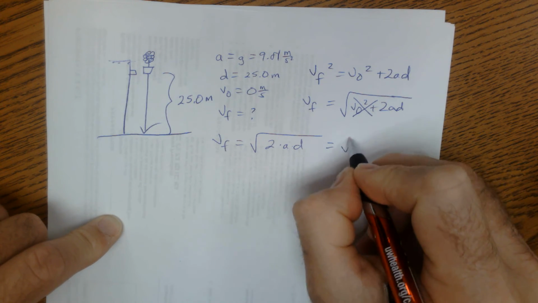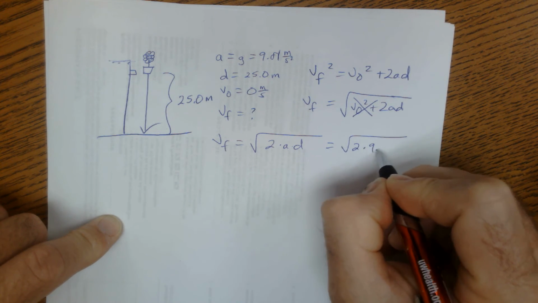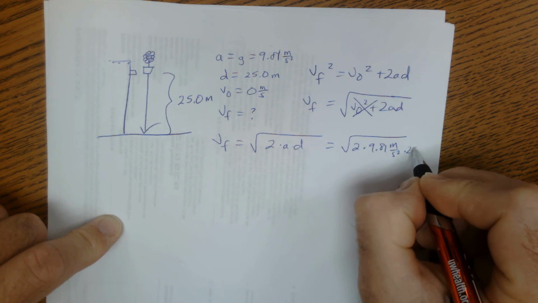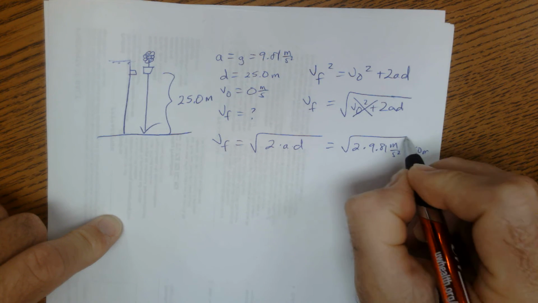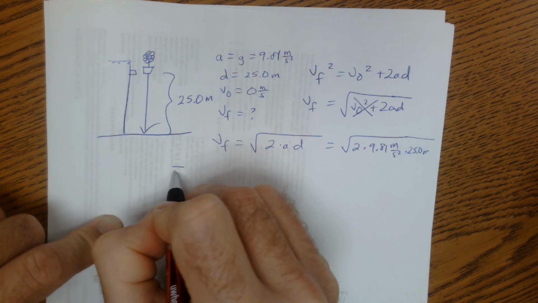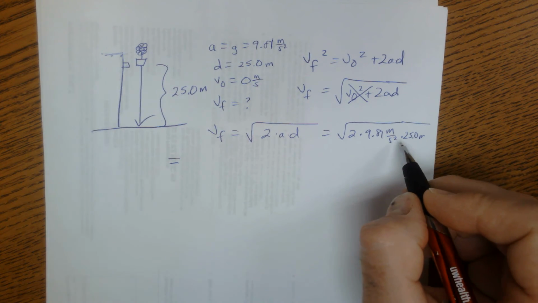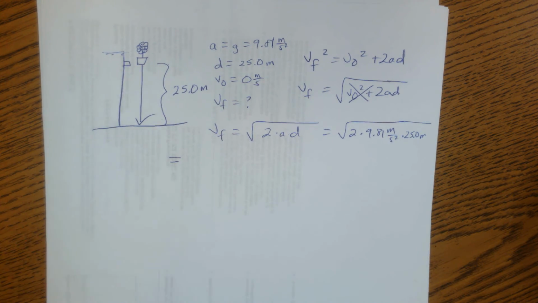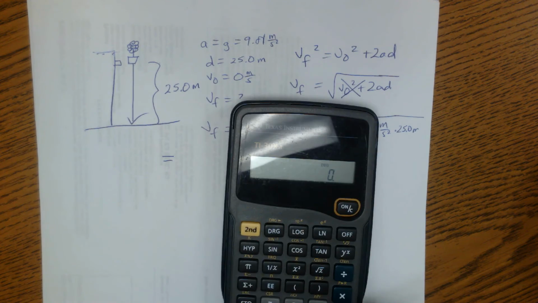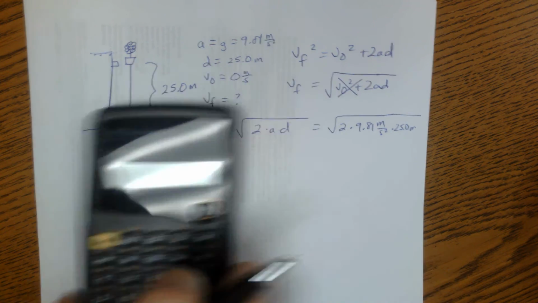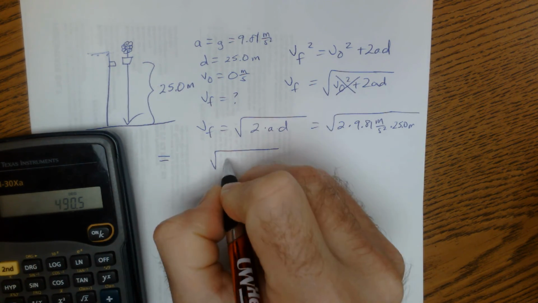Okay, so we'll just substitute in. Working across, first of all, let's see what happens to the numbers. So I'll take 2 times 9.81 times 25. I get 490.5.